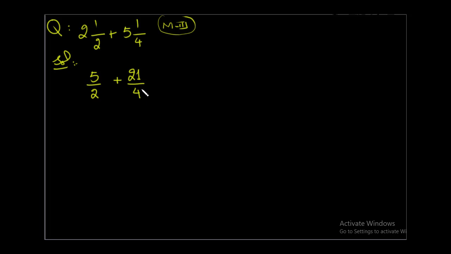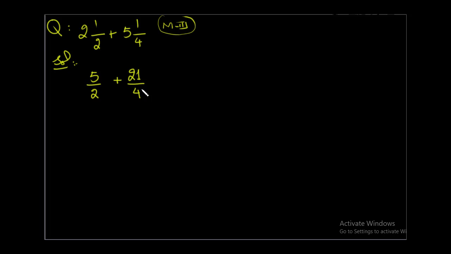In method three, it is mandatory to know that whenever in the denominators we have numbers which come in the same table, like 2 and 4, 2 and 4 come in the same table, that is the table of 2.